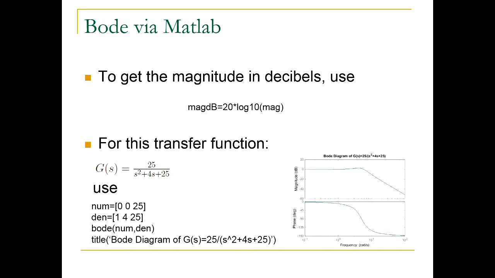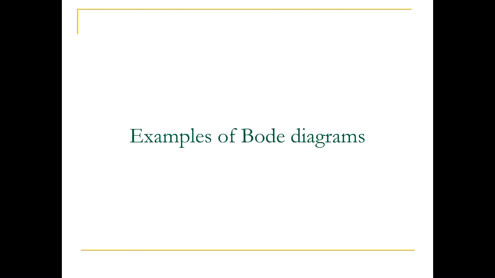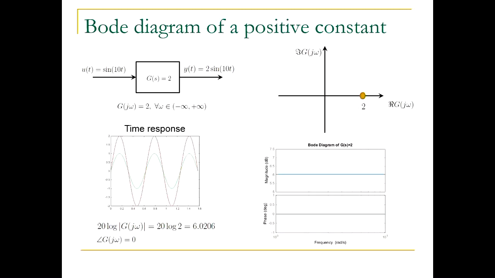Sometimes MATLAB gives you something, and if you don't understand the theory behind it, you won't understand what it's giving you. So we need to do this for both reasons. For the rest of the lecture, we will go through a number of Bode diagrams, their properties, and interpretations. So let's go one by one.